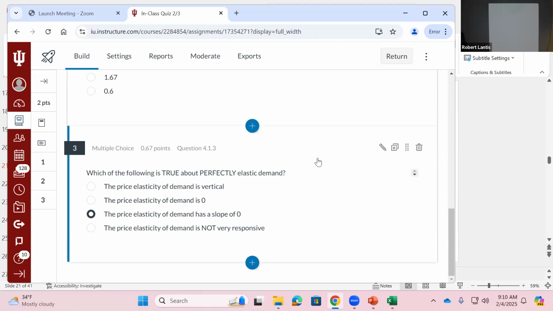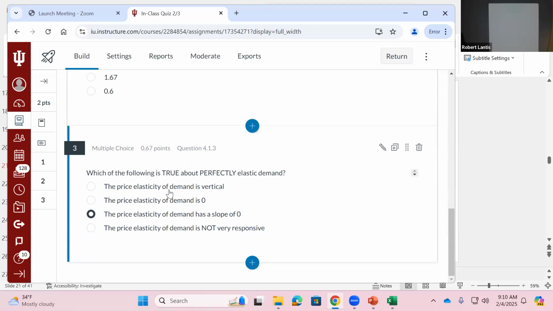When I change the price a little bit, I stop buying that good. So we said perfectly elastic demand would be a horizontal demand curve where you can only charge one price. If you try to charge any price different than that, quantity demanded is going to go to 0, right? So there, I've got not a vertical demand curve, but a horizontal demand curve.